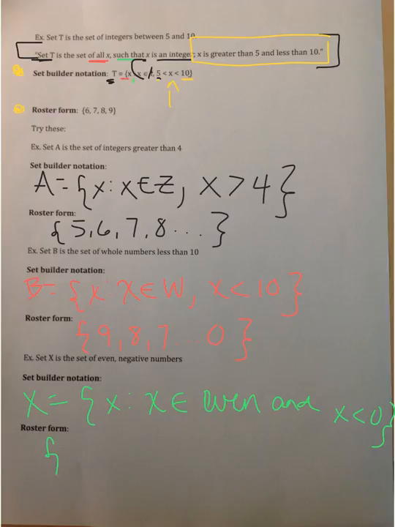And then in roster form, -8, -6, -4, -2. And that's our roster form.